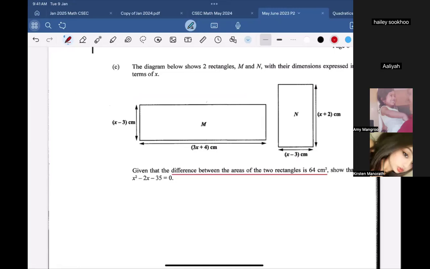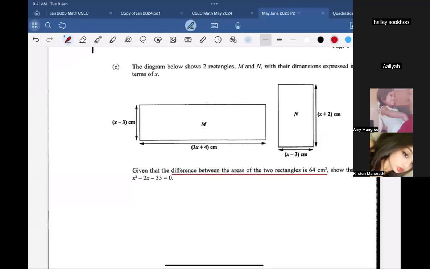And that difference would be equal to 64 centimeters squared. It would form an equation. So when we find the area for M and subtract it from the area of N, we have to put it equal to 64 to form the equation, right?